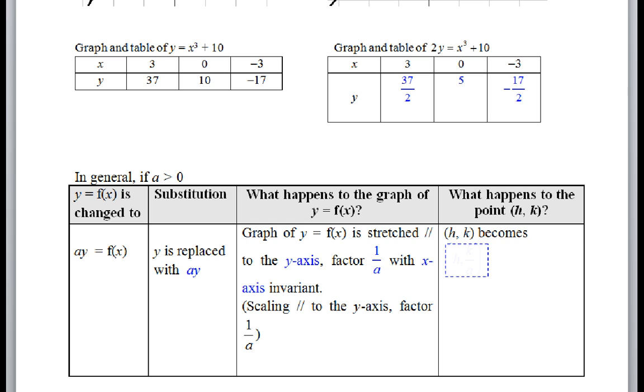You put a rubber band and you hold the rubber band at the x-axis. You follow what I'm saying? And then stretch. All the points on the x-axis will not stretch. Will remain. Right? And then any point (h, k) here will become (h, k over a). Very good.